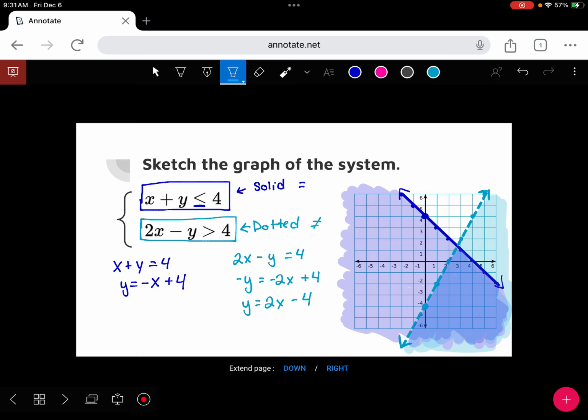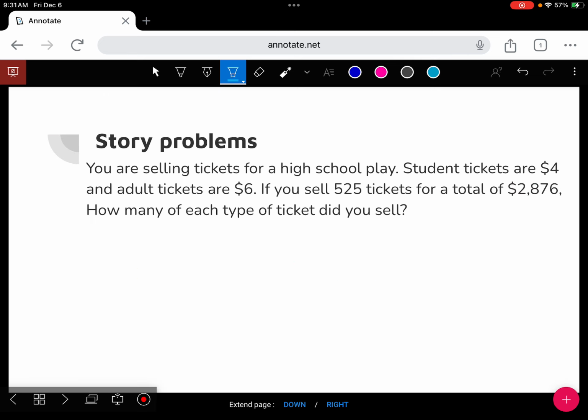Then we have two kind of weird story problems. One is one we've seen kind of before, and the other one is a weirdly worded one. So first thing we're going to do is remember how to do a story problem with the system, and then we're going to look at the weird one.